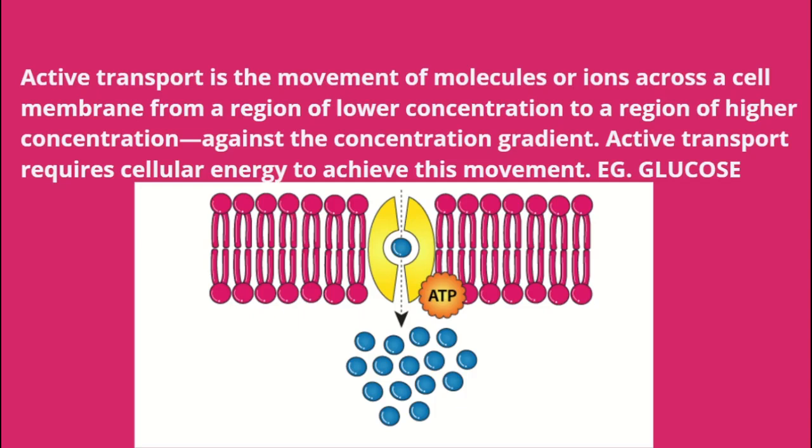Earlier we said that glucose could go across the membrane via facilitated diffusion. Well, it can also go across the membrane via active transport. Active transport is also an endergonic reaction, which means that it uses energy and is moving away from equilibrium, going up against the concentration gradient.